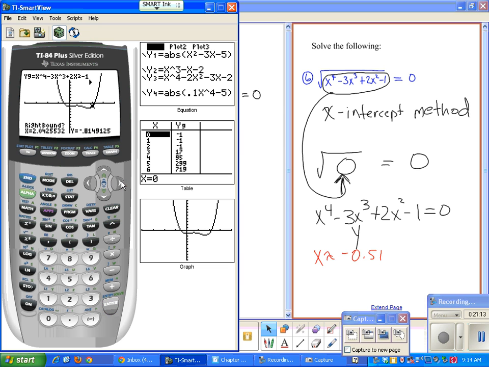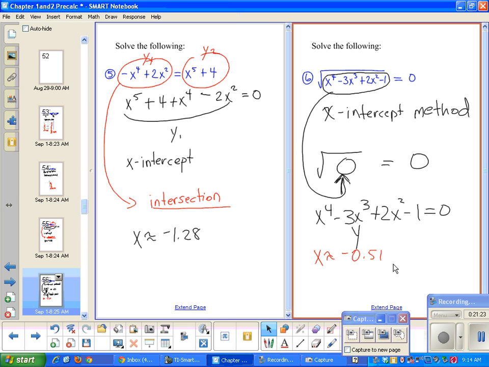Okay, press enter. Now let's move to the right side of it. And it looks like this 0 is at approximately x equals 2.18. Okay, and there we have our two solutions for that one.